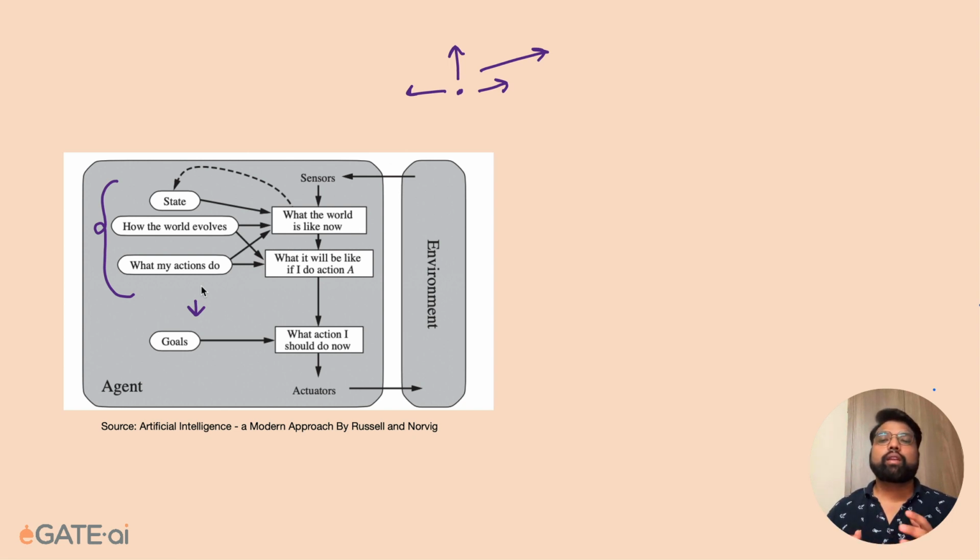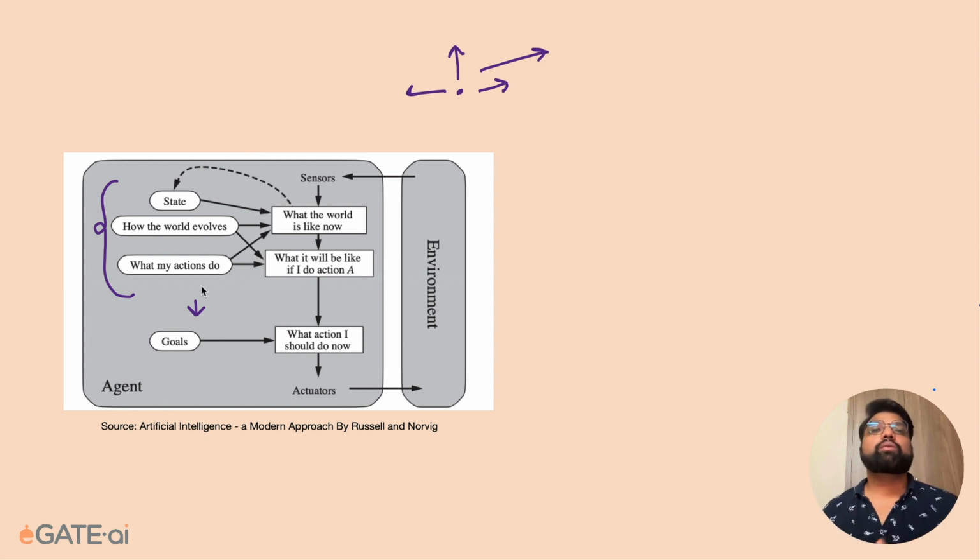There can be many factors, like how fast you can reach there or how safely you can reach the destination. These things you have to take into consideration, and we call that utility. We can have a measure for agents, and we can ensure that the agent is always trying to maximize its utility. Please do not get confused with the performance measure. Performance measure evaluates the states of the environment.